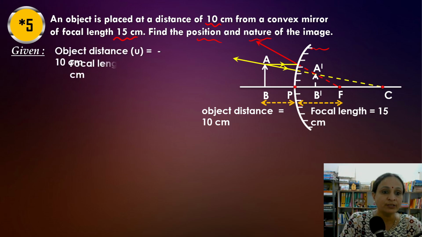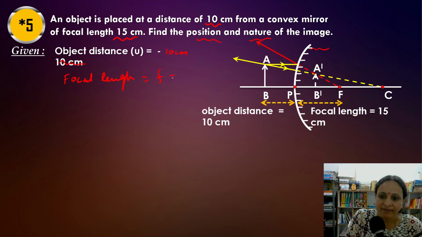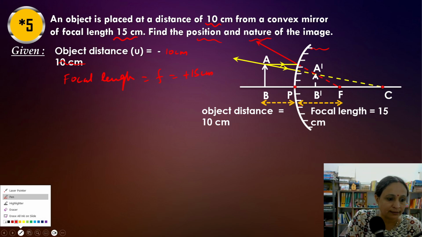So write down what is given to you. The object distance is given as minus 10 centimeters. The focal length, that is f, I'll put as plus 15 centimeters. And what about the other things?